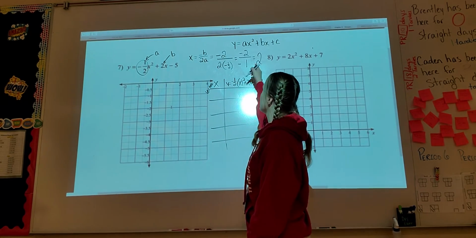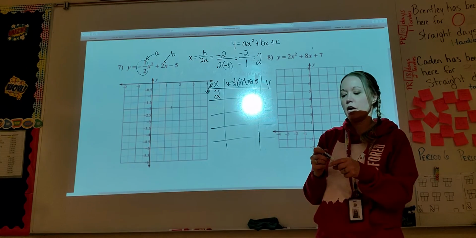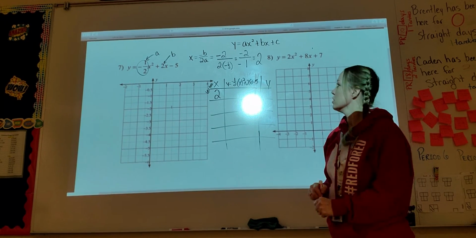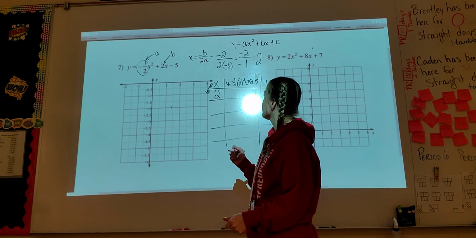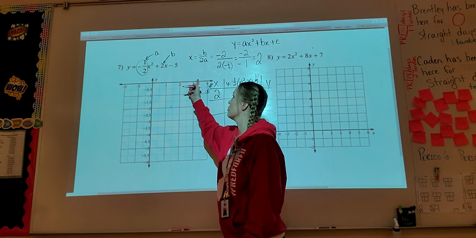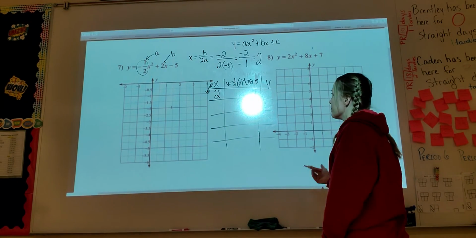Always. So my x value for my vertex is 2, and I will then figure out what my y is. And we need to do that before we decide which x values we're going to choose. I mean, I guess we don't have to because we know where the x is, right? We could choose 2 that way and 2 that way.